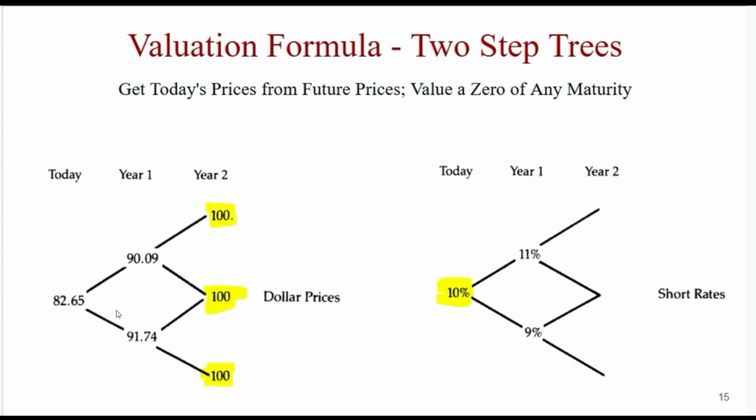We take the average of these two equally probable prices, which is $90.92, and then we can discount the average one step further back by 10%, and we get $82.65. So with this model, we can value a zero of any maturity simply by extending our tree of short rates out as far as we need, and then discounting the zero at maturity all the way back to today.